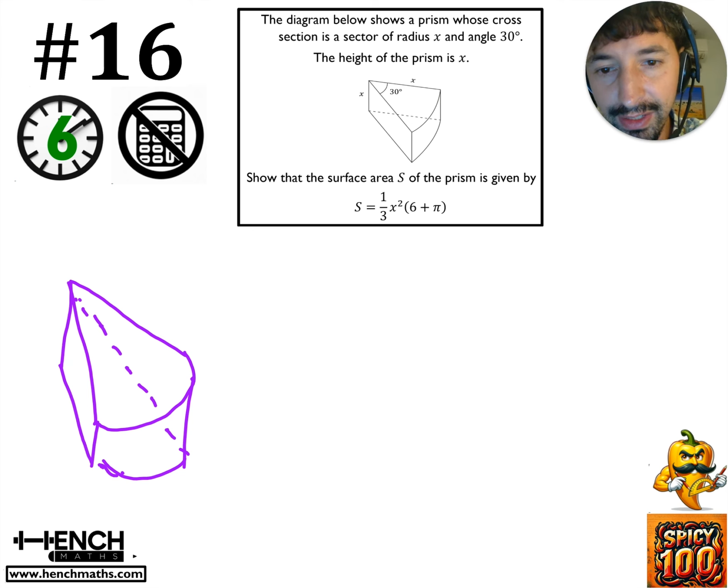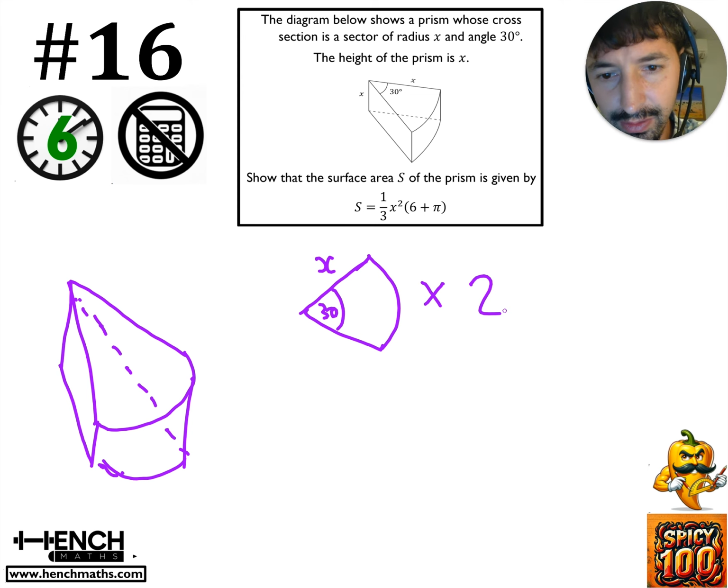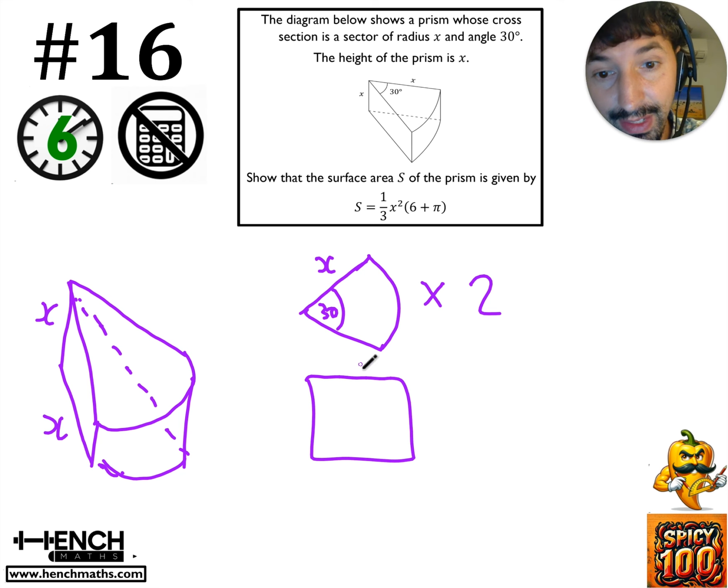Our 2 sectors on top and bottom have an angle of 30 degrees and the radius is x, and we have 2 of those. Then our rectangles on the sides have a height of x and a radius of x. So effectively we've got 2 squares, because the radius is x and the height is x.